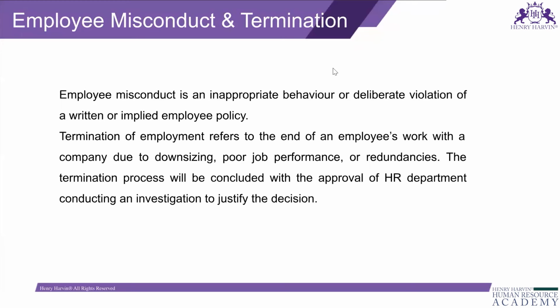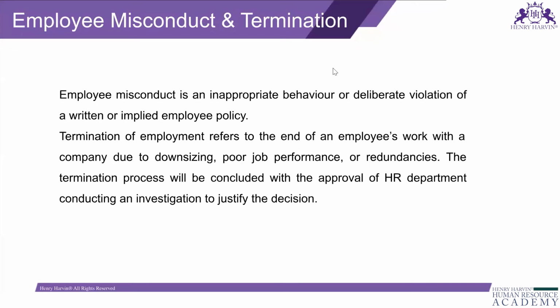If the employee breaches the contract of the organization, if the employee misbehaves with the organization, or if the employee misbehaves with the superior of the organization, these are all the causes where the employer can terminate the employee.